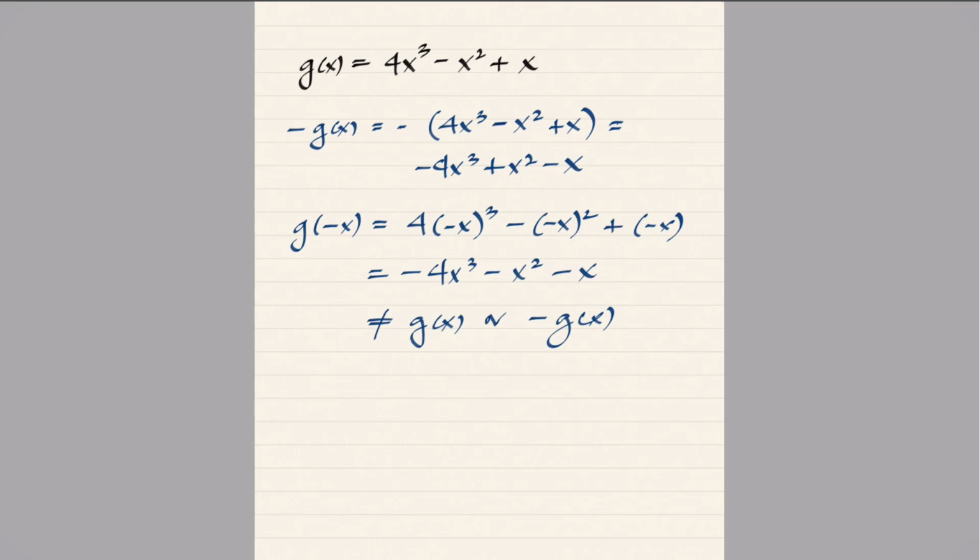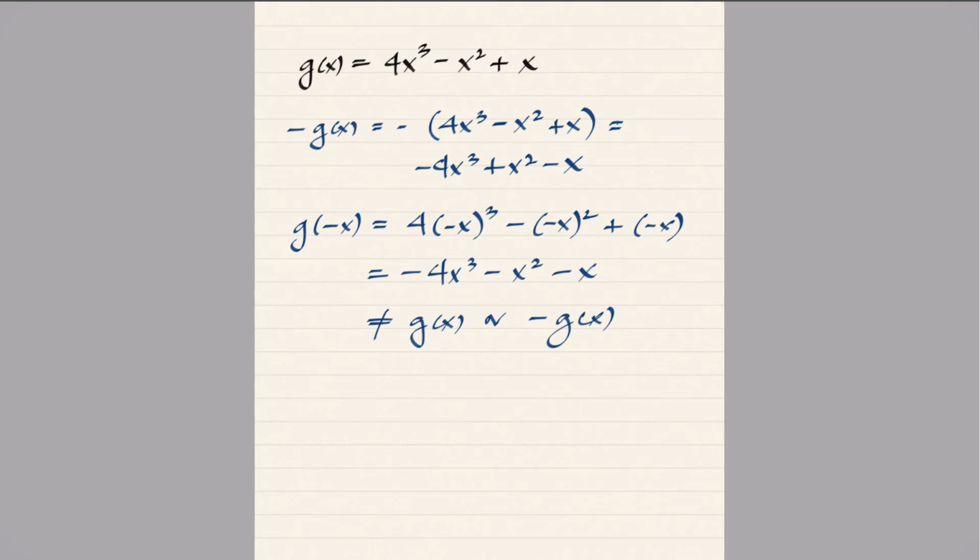And so as you can see, when you put in minus x and you cube it, it's the same as the opposite of x cubed, so that 4 times quantity minus x cubed is the same as negative 4x cubed. Likewise, minus x quantity squared would be the opposite of x squared, as you see there. And if you take x and you take the opposite of it, you're going to get minus x.